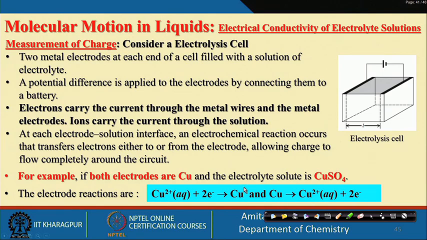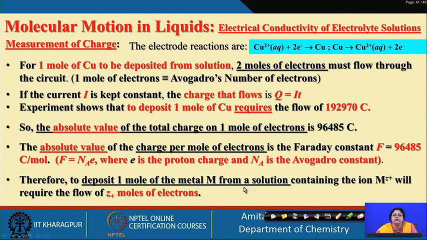Let us see what we are looking into. We are trying to do some measurement, and for this measurement we are going to look into the definitions first. We know that the ions are going to carry the charge, or the current, through the solution.